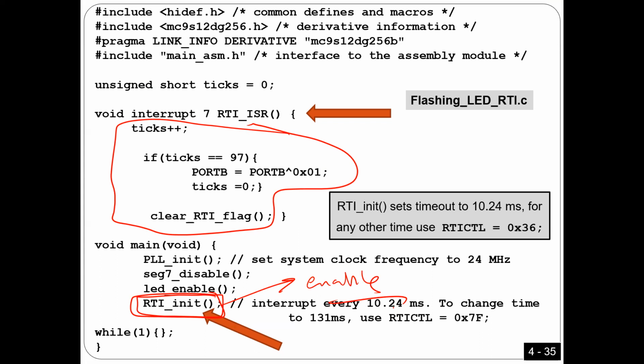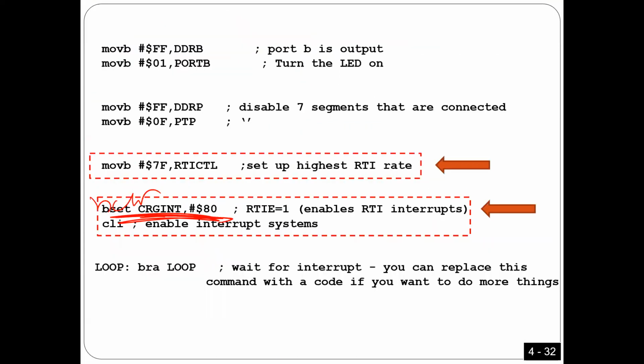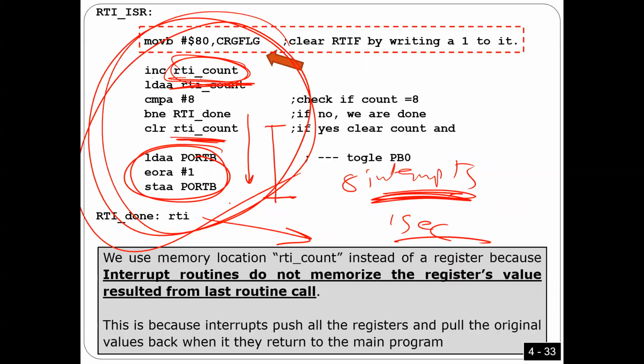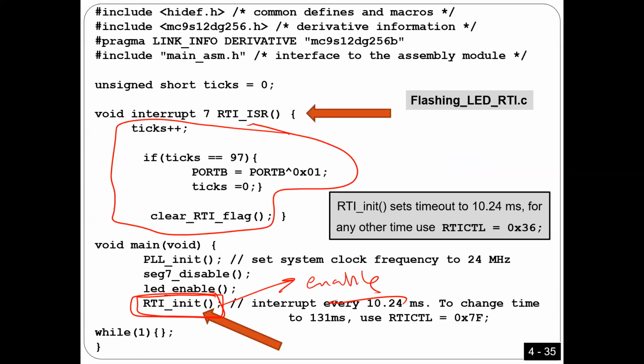If you want to learn more, please open this function and see what assembly is written inside it. You will find something like this written, but for sure a different number, as I'm going to explain right now. You will also find this one written to enable. So inside this function, these 2 instructions are written, that's it.